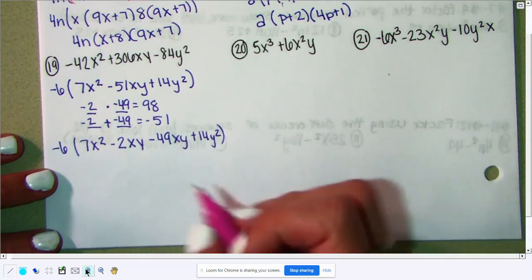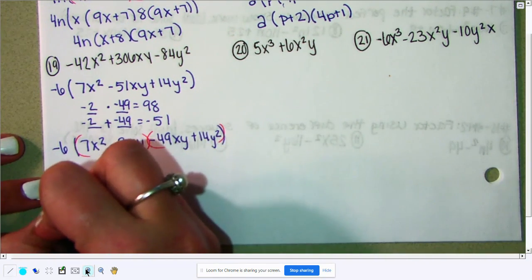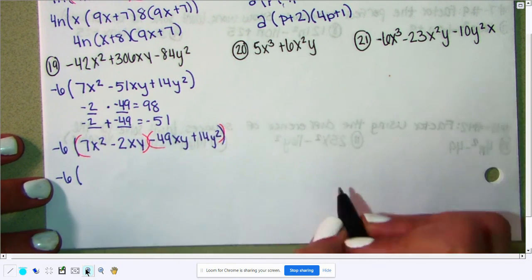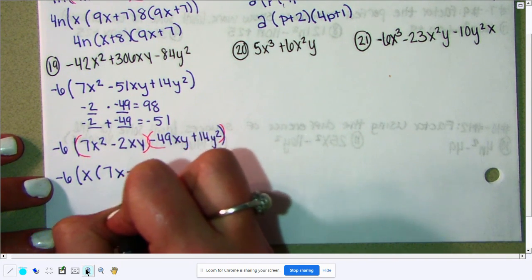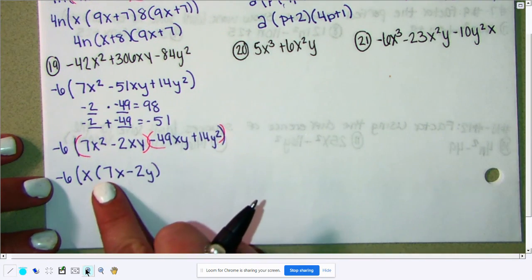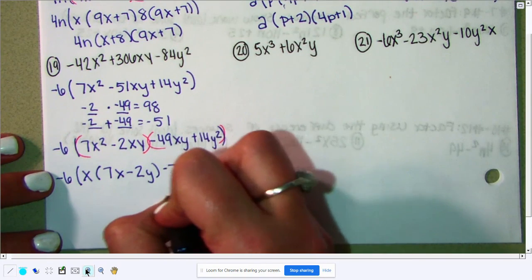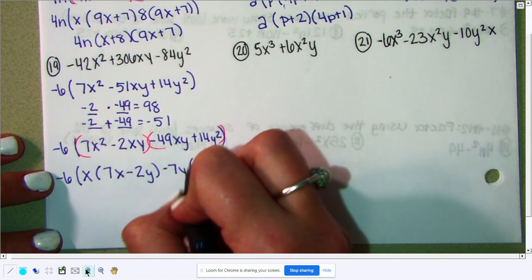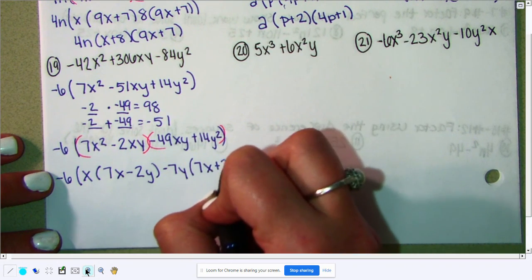Again, I will group first two, last two. Negative 6 along for the ride. I'm going to pull out just an x here, and I'm left with 7x minus 2y. To get a 7x in the first term, I need to pull a negative 7 out. So a negative 7 as well as y. So I'm left with 7x plus 2, negative 2y.